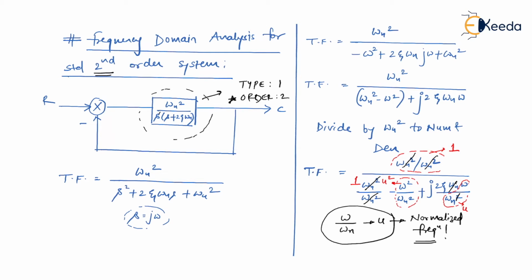So let's move ahead and write the transfer function in terms of u now. Finally, we have the transfer function as 1 over 1 minus u square as the real part, plus imaginary part j 2 zeta u. I hope you get that.